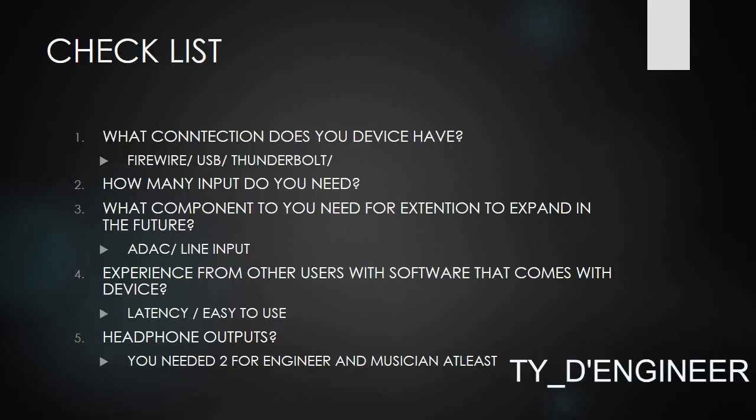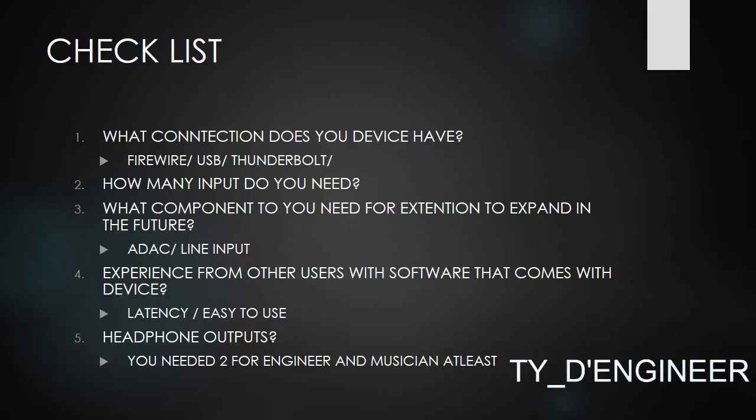And then the next one is what components do you need for it to expand in the future? So analog to digital converters, line inputs. This basically just means buy a device that will be sustainable and last you a long time, because you don't want to keep buying a new device every year because you need to upgrade.